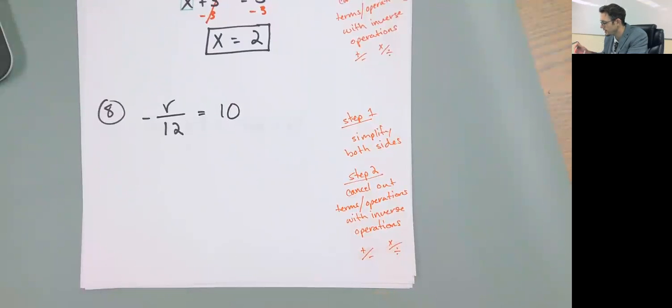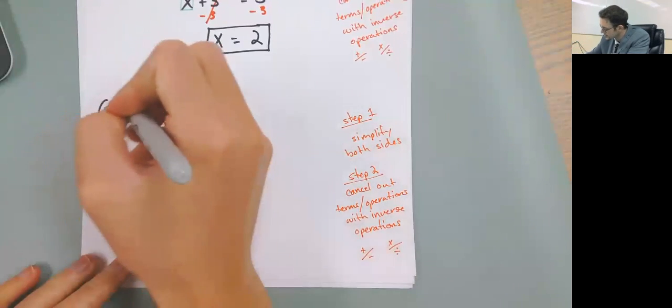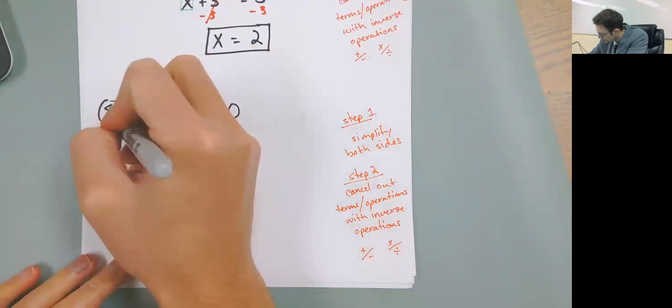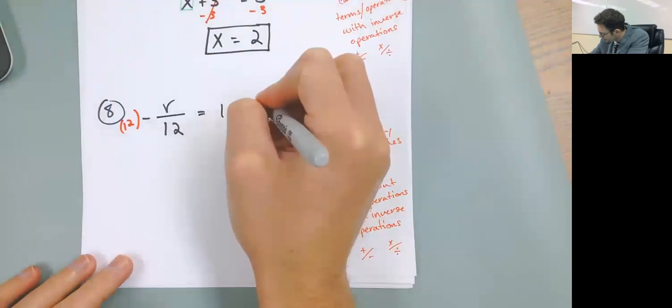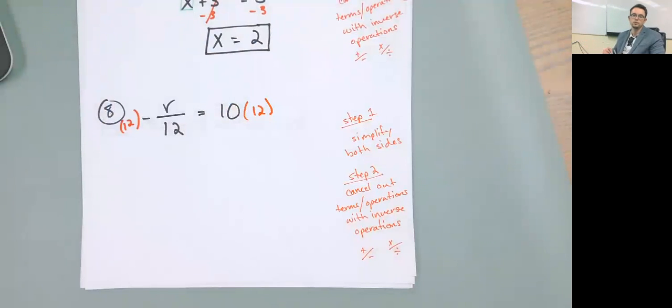So we're going to multiply both sides by 12. And remember, when you put parentheses next to something, it is multiplication.